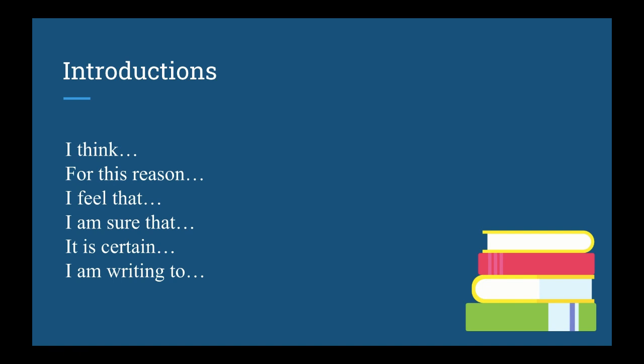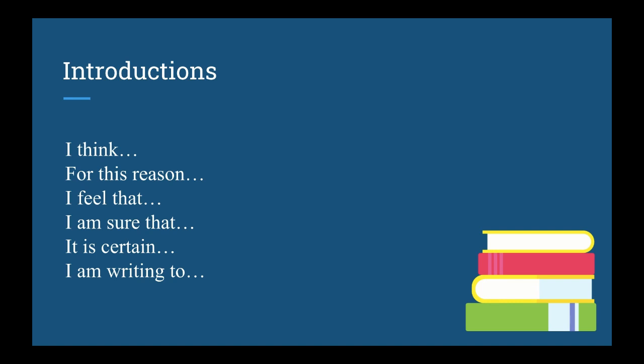To introduce what you're talking about, you can say some of these things. I think dogs are the best pets. Or, for this reason, I think people should read more. Or, I feel that it is important to study every day. Or, I am sure that if you exercise, you will feel better.